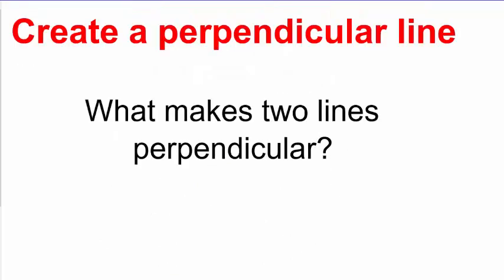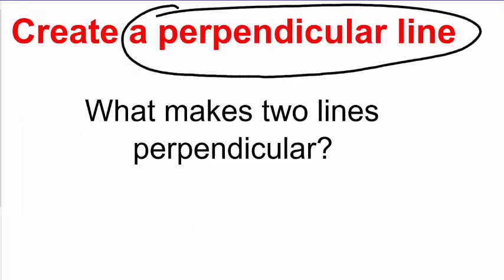This time we want to create a perpendicular line. What makes two lines perpendicular? If the two lines have 90 degrees between them and they meet, they intersect.